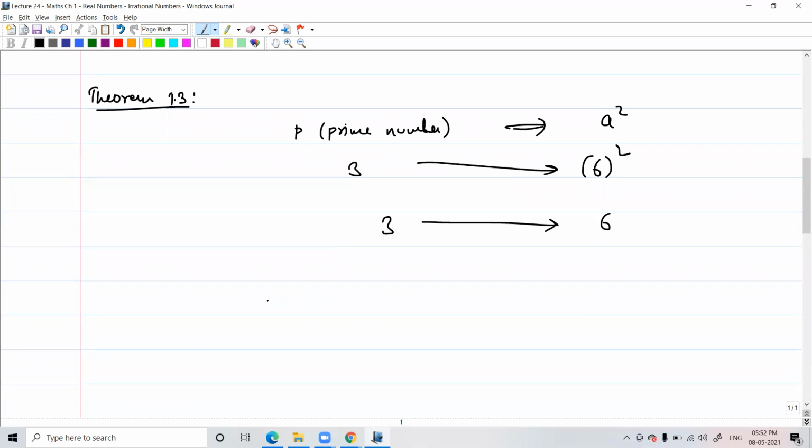In other words, if P is a factor of A square, then P is a factor of A also.